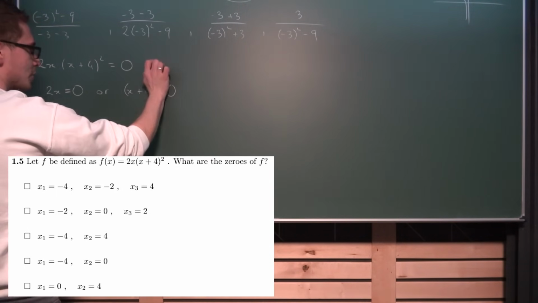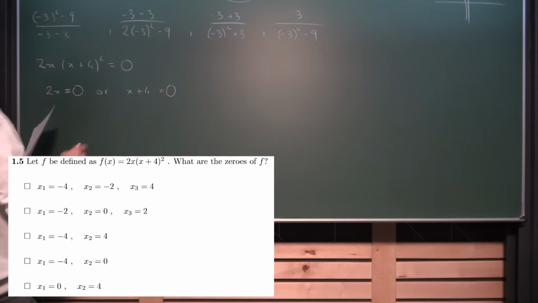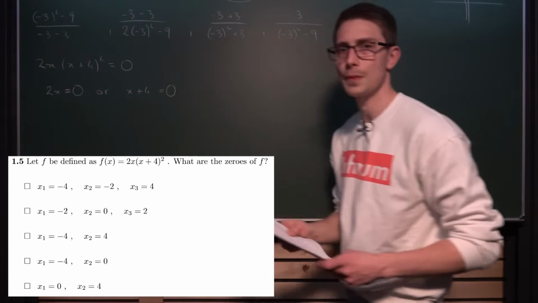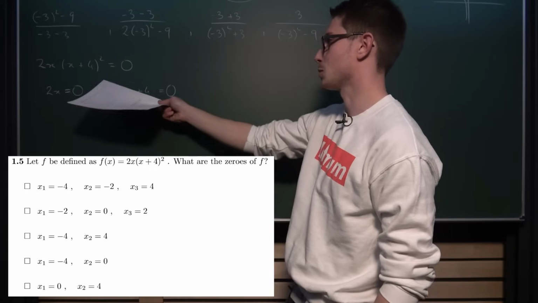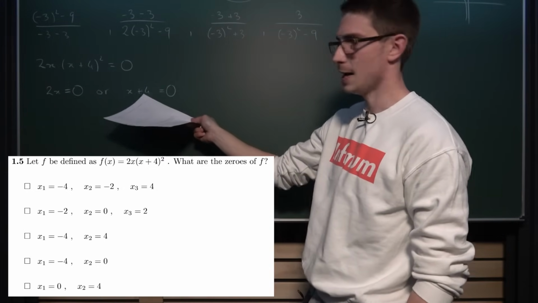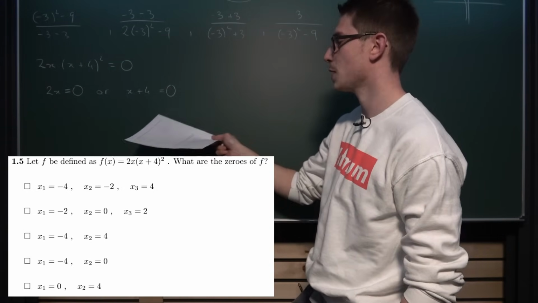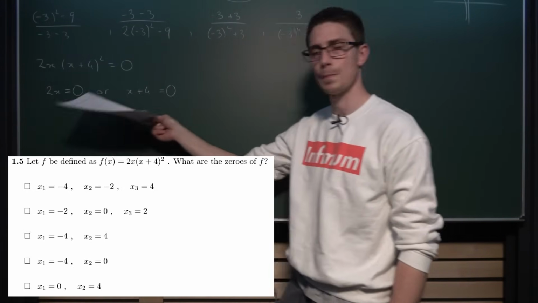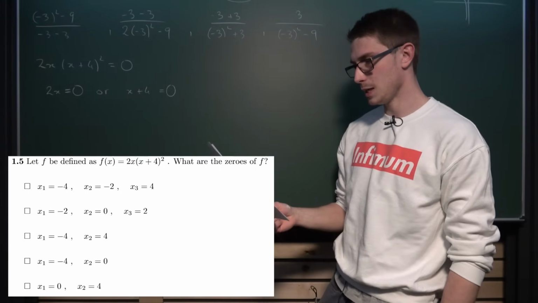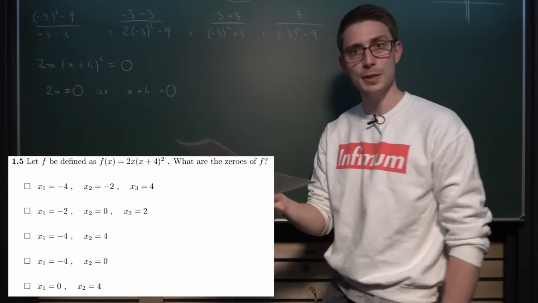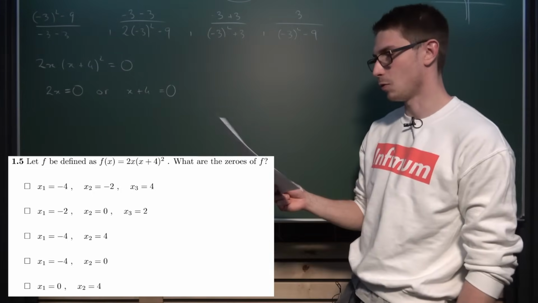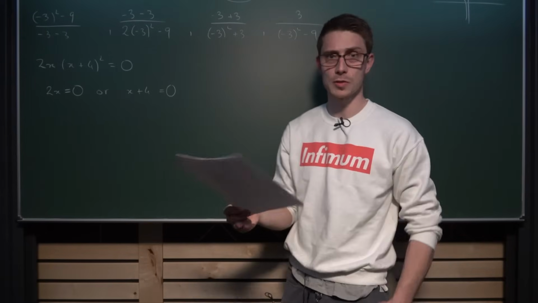This is the same argument. Meaning our zeros are, we have a double 0, so algebraic multiplicity of 2 at negative 4 if we solve this equation, and also we have a 0 at 0. Meaning the answer is going to be E. What? No, it's going to be the D once again. Negative 4 and 0. Now, that was very easy.